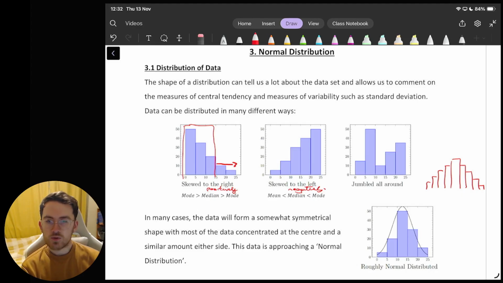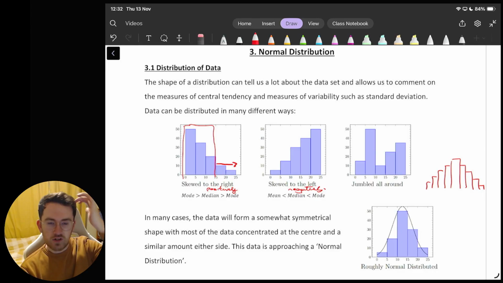We may be asked, or we may have to think about, examples of these different types of data. So in the first example here, where it's skewed to the right, where most of my information is at the lower end but some is at the higher end, you could look at things like the age that you learn to ride a bike, or the age that people do their leaving cert. You're looking for things where most of the data you would expect to collect would fall at the lower end, but there is potential for there to be data at the higher end as well.